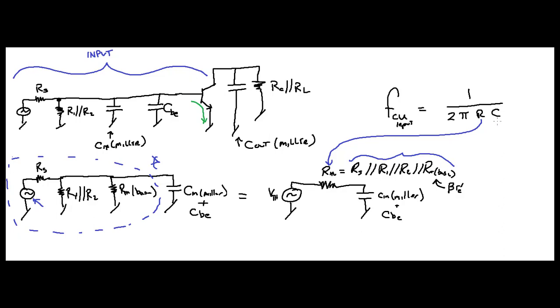And your capacitance is your input capacitance, and that's right here. That is your C in Miller plus CBC. All right, so that's your input. Got it? So the input is rather useful, and you're going to see that.